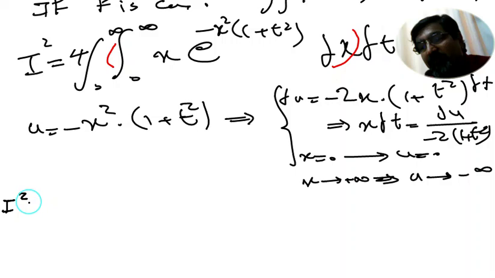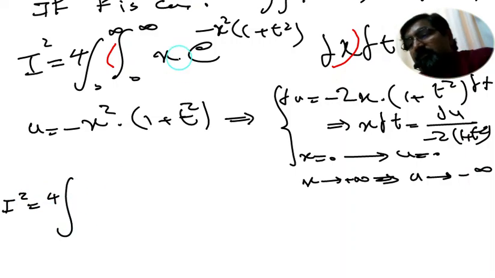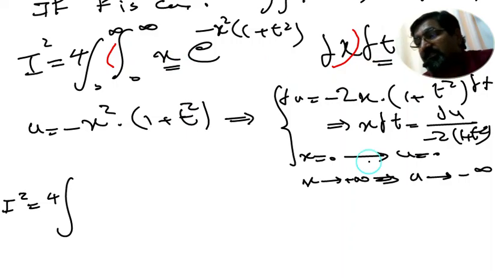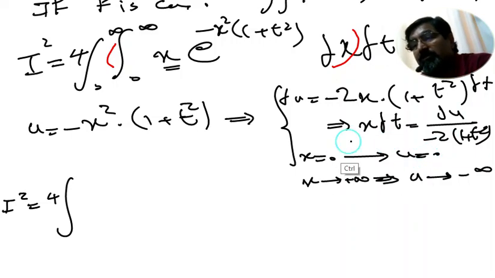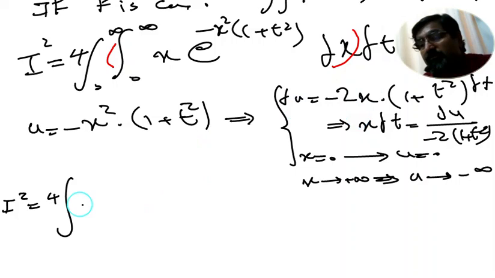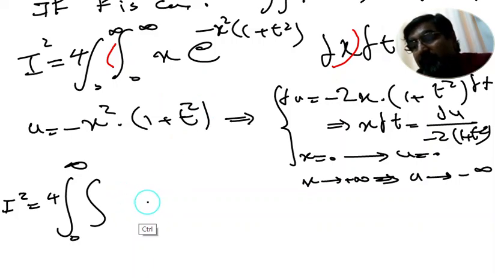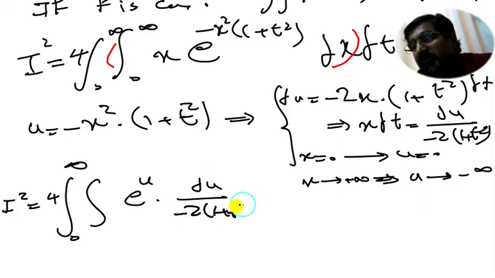So we have I squared equals 4, instead of x dx, du over minus 2 times 1 plus t squared, with e raised to u.